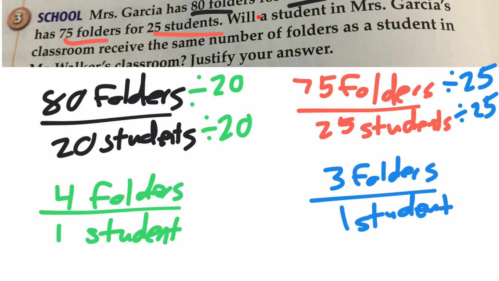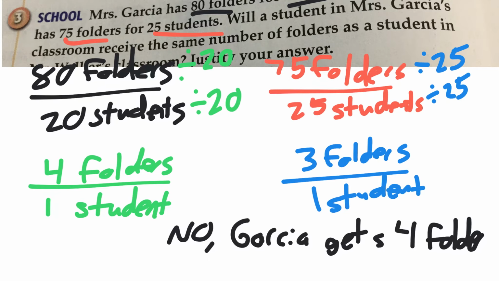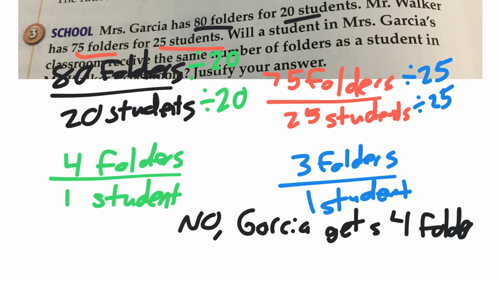So the question is, will a student in Miss Garcia's classroom receive the same number of folders? No. And then how could we justify that? Well, we would say Garcia gets 4 folders and Mr. Walker's gets 3.